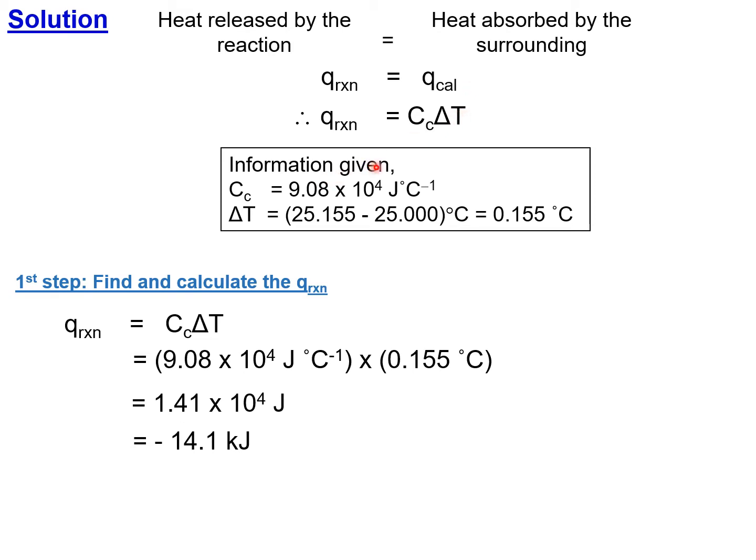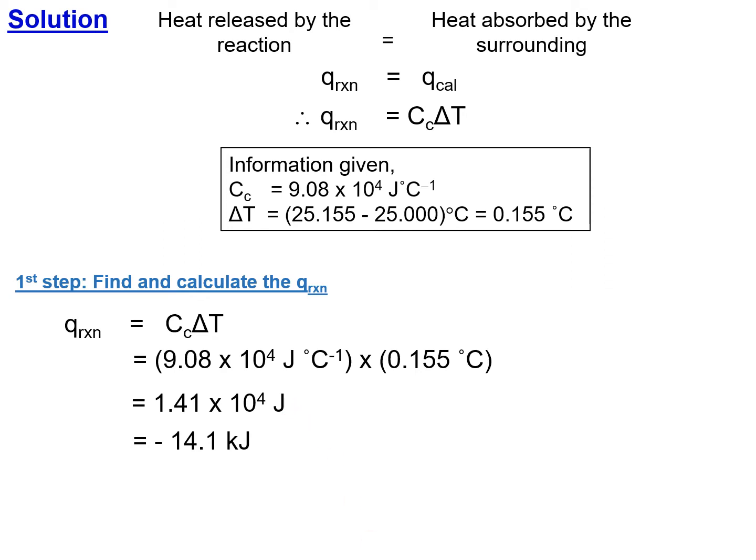And then from the information given, bagi heat capacity of calorimeter and delta T. Delta T can be found when you tolak final dengan initial temperature. And after that you akan dapatlah heat of reaction ialah 1.41 times 10 to the power of 4 joules.